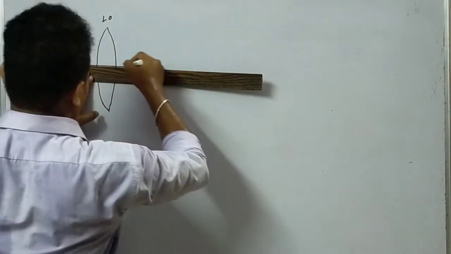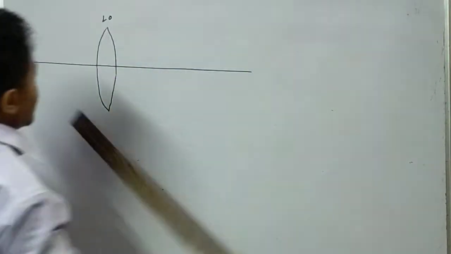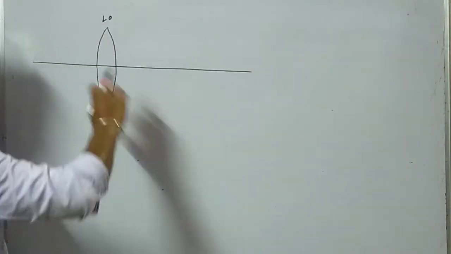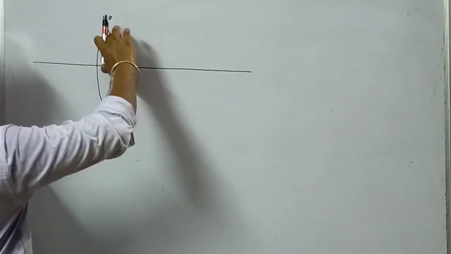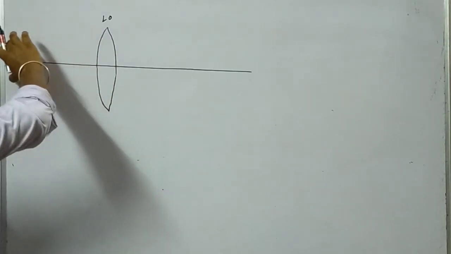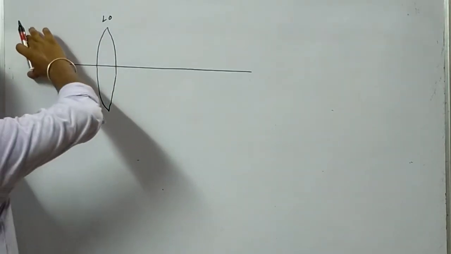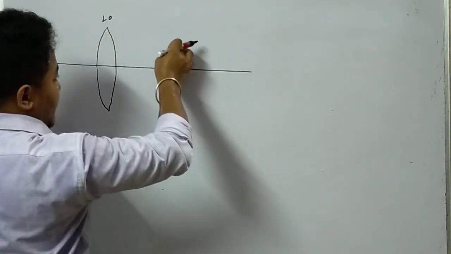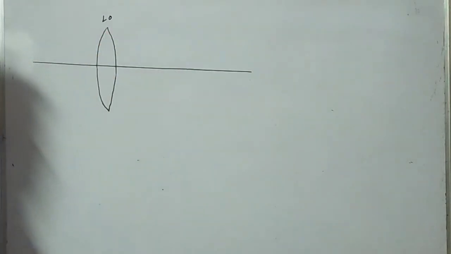So this is its principal axis. Now if the object is at infinity and the rays of light come like that, they will converge here. That means the image will be produced here, we know.